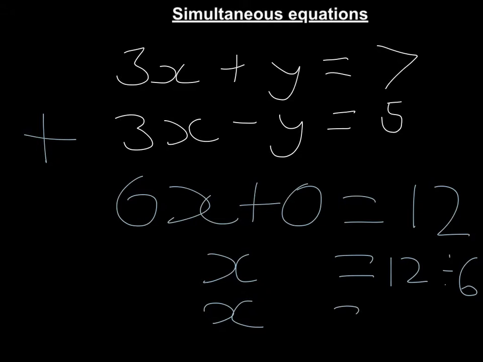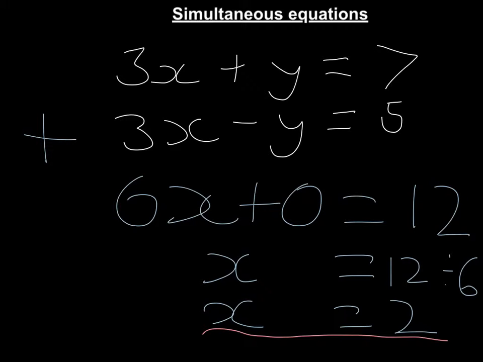So x is equal to 12 divided by 6 is 2, x equals 2. I'm just going to underline that so that we know that that is one of our answers, so we can come back to it easily.